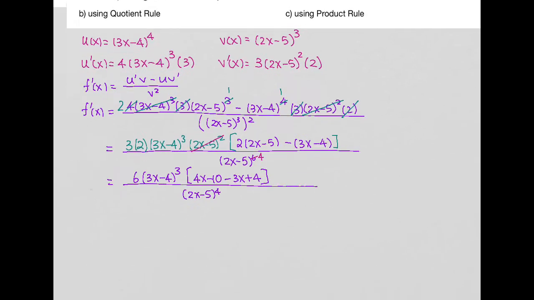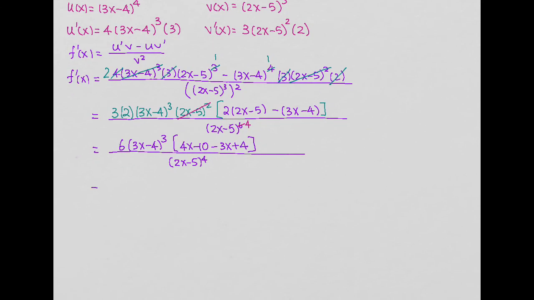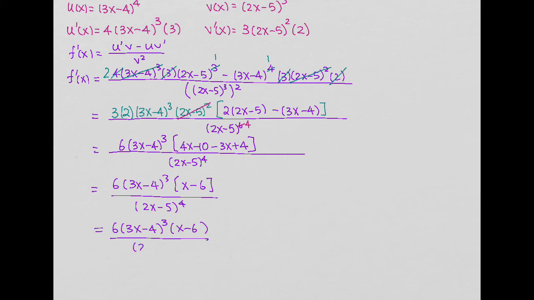And we are going to combine like terms in the square bracket, which is x minus 6, over (2x minus 5) to the exponent 4. So that will be our final answer: (3x minus 4) to the power 3, (x minus 6), divided by (2x minus 5) to the exponent 4.